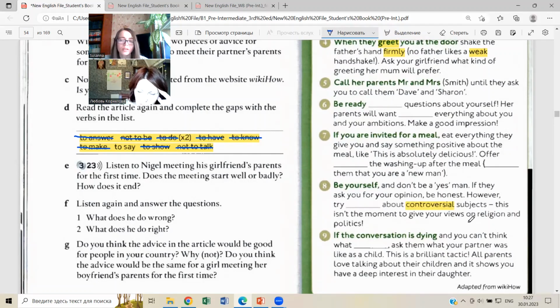So, for example, one person thinks this way, the other person thinks another way, and it can cause an argument. About controversial subjects, this isn't the moment to give your views on religion and politics.